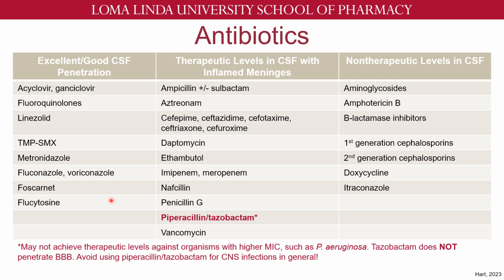So just avoid piperacillin-tazobactam for CNS infections in general. And then on the right here, we have agents that will have no therapeutic levels in the CSF whatsoever, so aminoglycosides, amphotericin B, some of these others. So again, please know Zosyn.